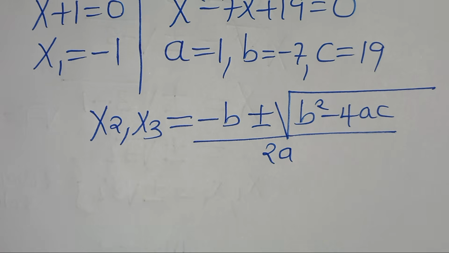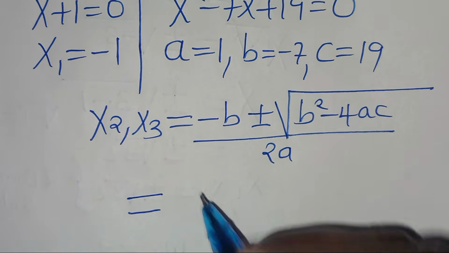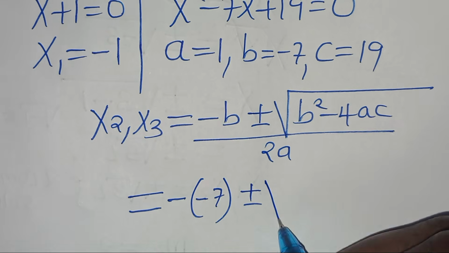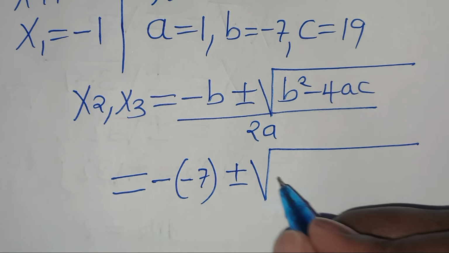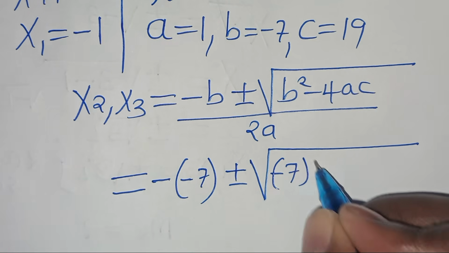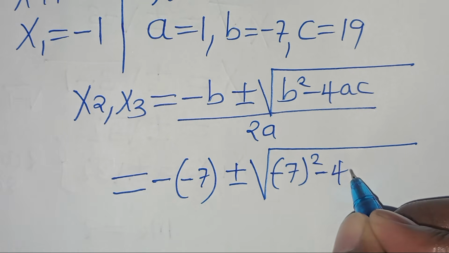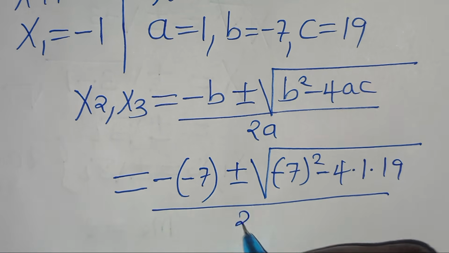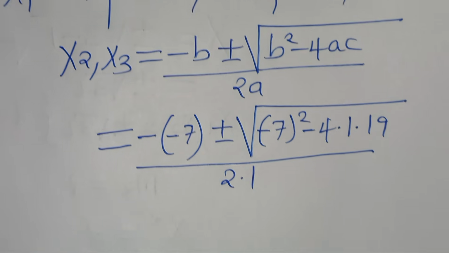So let's substitute the values of a, b, and c so that we have (−(−7) ± √((−7)^2 − 4 × 1 × 19)) / (2 × 1).